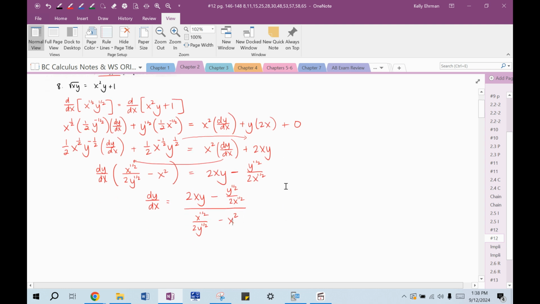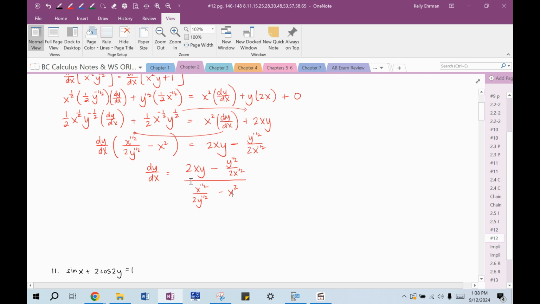Now, if we have a problem like this, there is a pretty slim chance that they're going to leave their answer like this. They're going to want it to be simplified, or that it would be a simplified choice in a multiple choice. So let's clear out the complex fraction. There's a denominator of 2x to the 1/2, and there's another denominator of 2y to the 1/2.